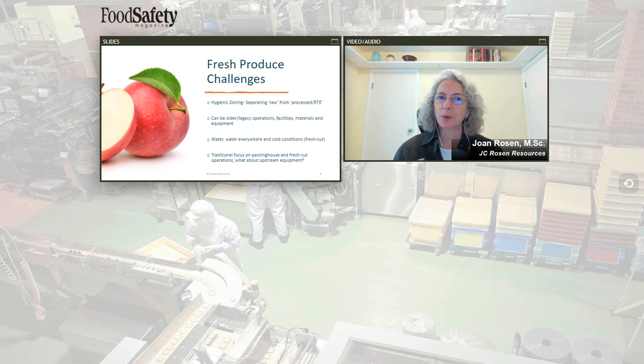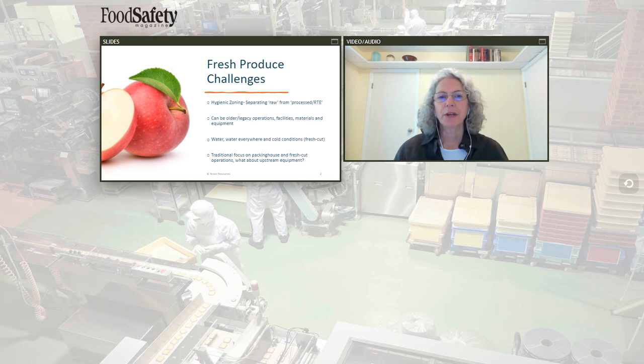So it's important that companies have ways to segregate these areas, but where that line is can be a little more fuzzy when it comes to produce. So an apple coming into an apple packing house is still an apple coming out of an apple packing house. And let's say whole vegetables coming into a fresh cut operation are going to end up as packaged fresh cut produce. So they're fresh on either side, just another challenge that we face.